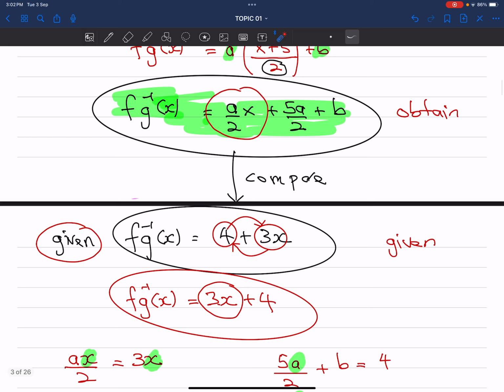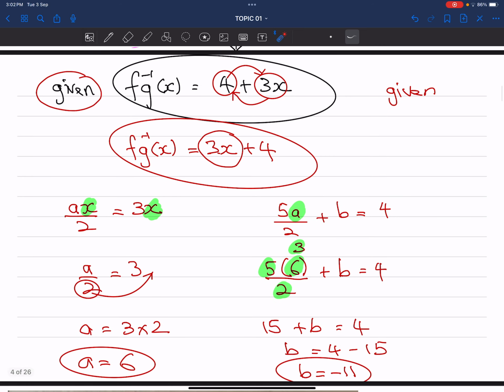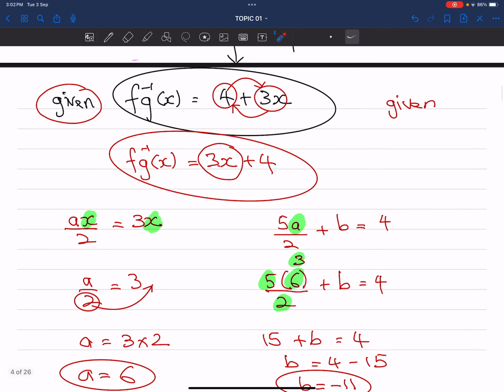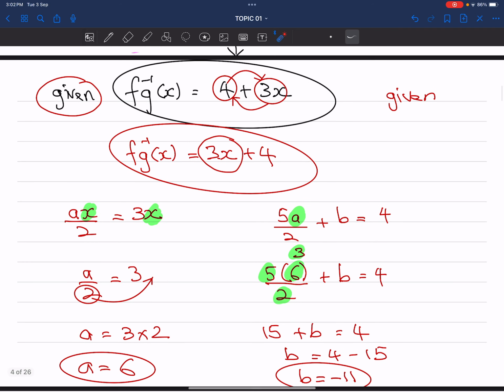Compare with the given FG inverse. I just exchange because I want to make the first term have x, because here the first term has x. And by comparing, we got the answer: a is 6 and b is negative 11. Thank you. I'll see you in the next lesson.